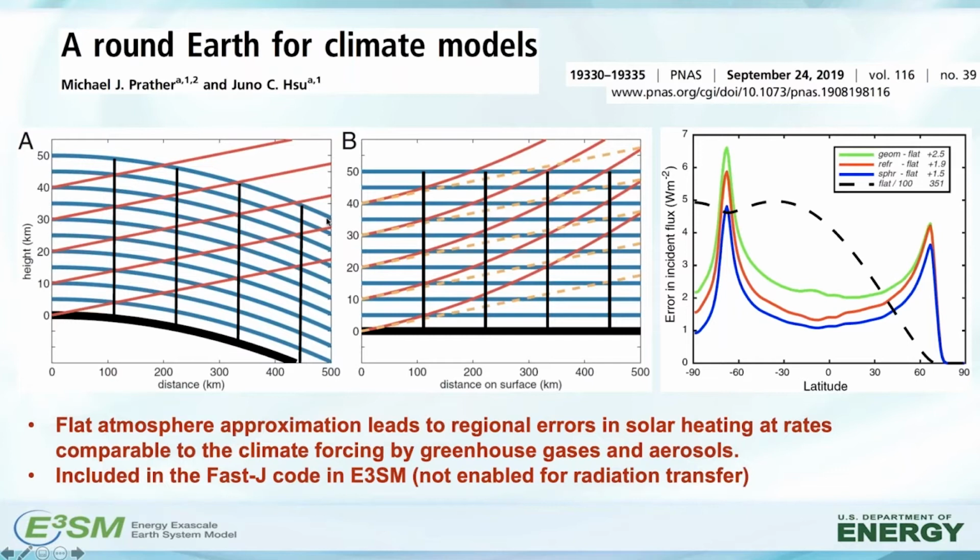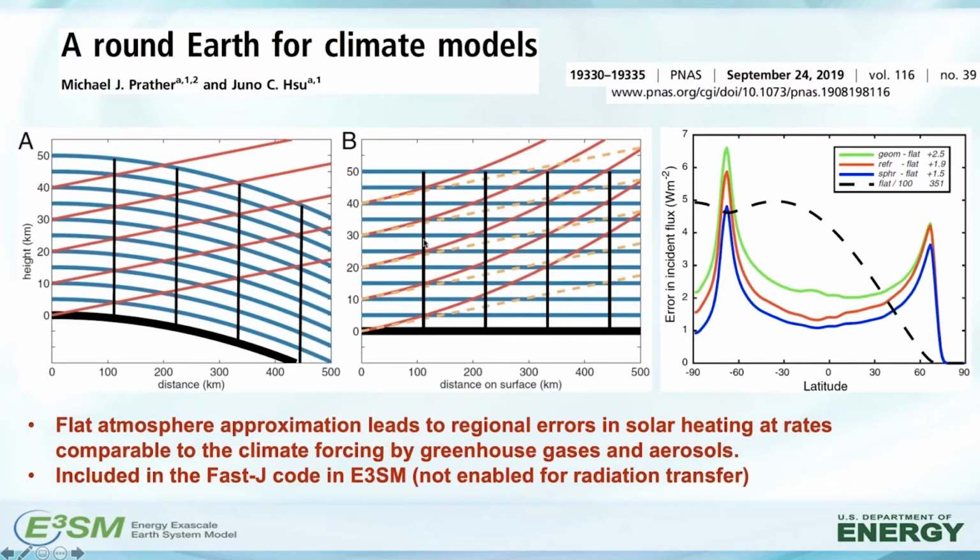On the radiation development side, this paper documents the flat atmosphere assumption, which is commonly used in climate models and looks like this, whereas in reality it's a round Earth, so the atmosphere is curved. In the model, when we apply the flat atmosphere assumption, we need a correction for the radiation errors.